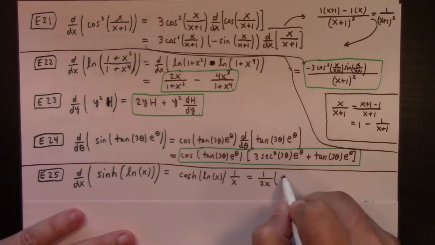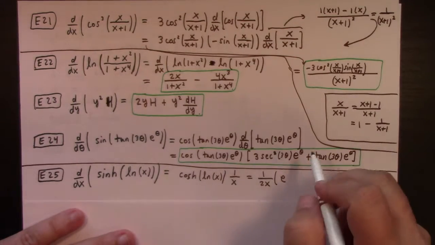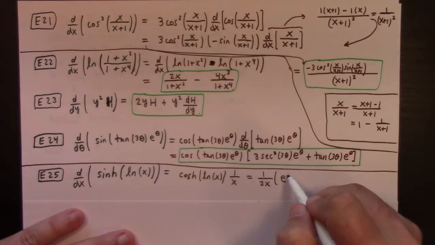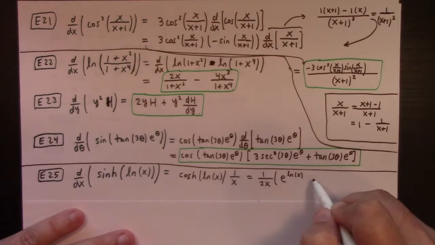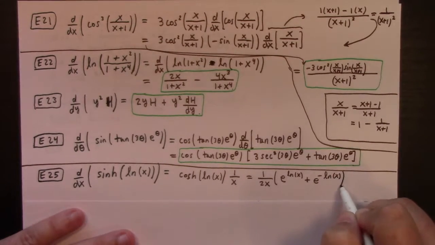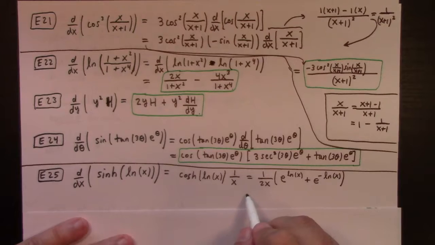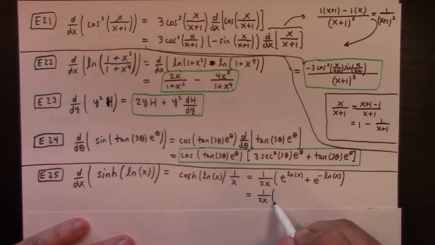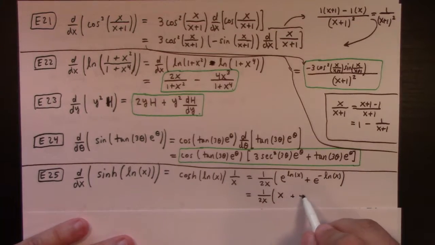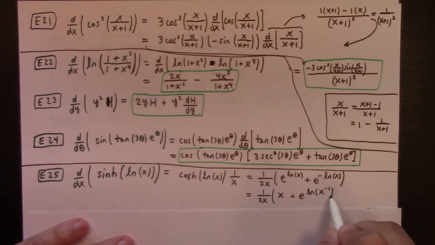And then e to the, there's a 2 in the definition of cosh, so I have e to the natural log of x plus e to the minus natural log of x. And so that is 1 over 2x times x, plus e to the natural log of x to the minus 1 by the properties of logs.